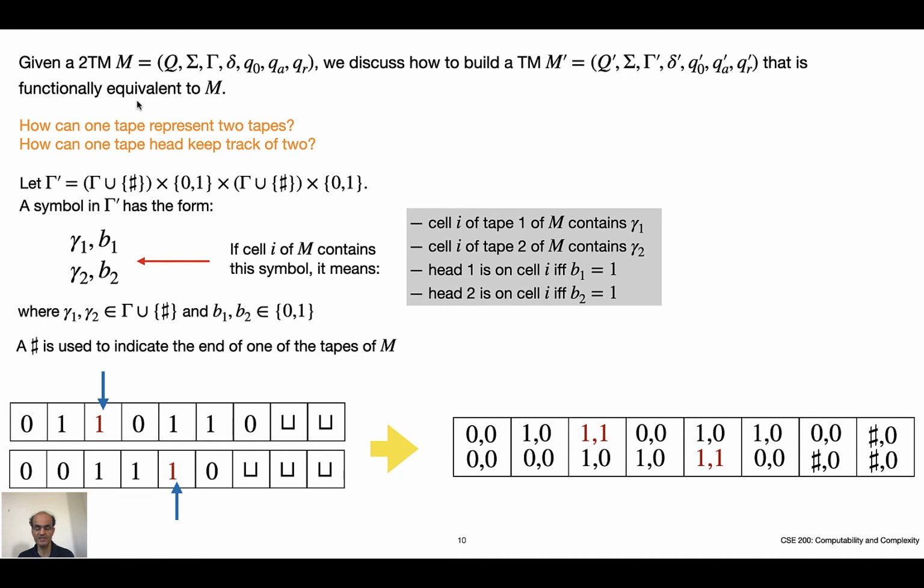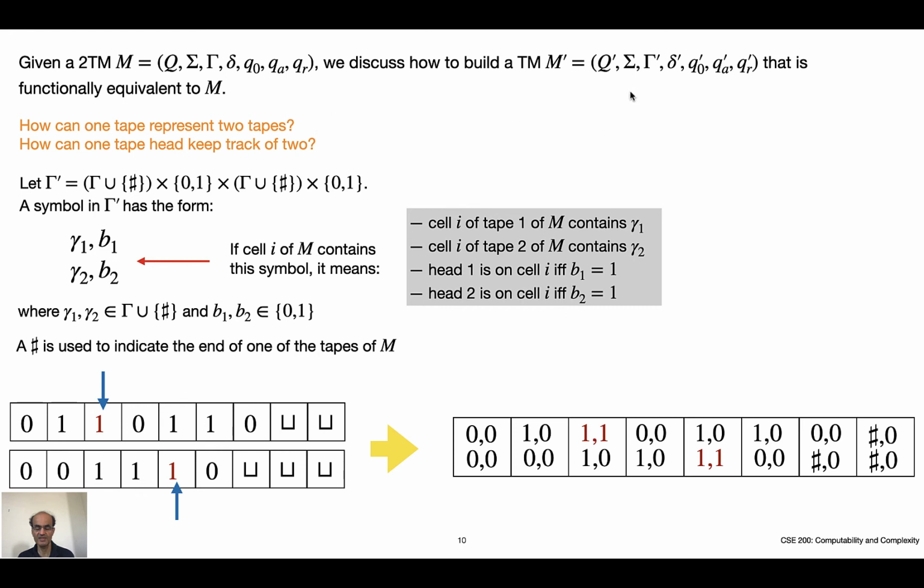I have to find some way in 1 tape to capture, represent 2 tapes. Another problem is that the 1-tape machine has only 1 head, but somehow this 2-tape one is moving as a function of things happening under 2 heads. How am I going to keep track of that? Okay, so these are the challenges we'll have to approach.